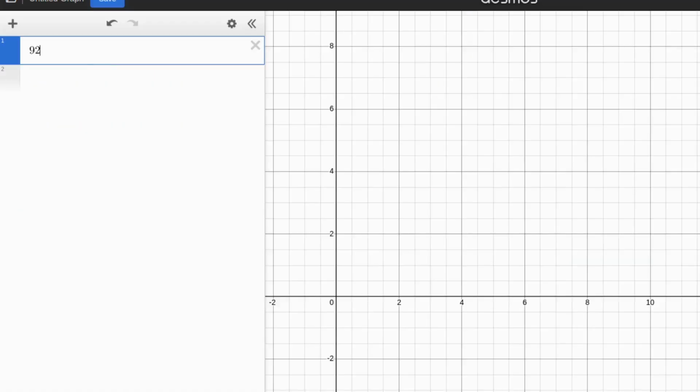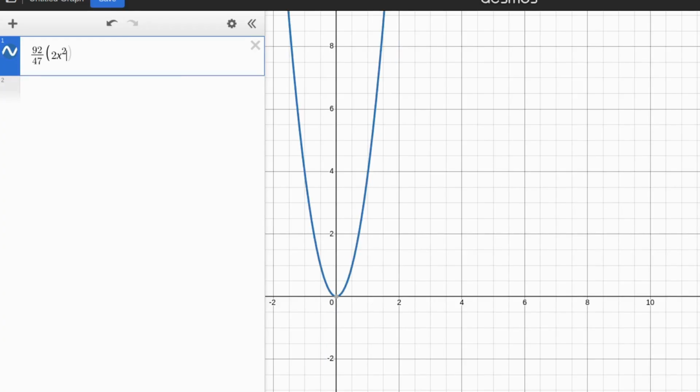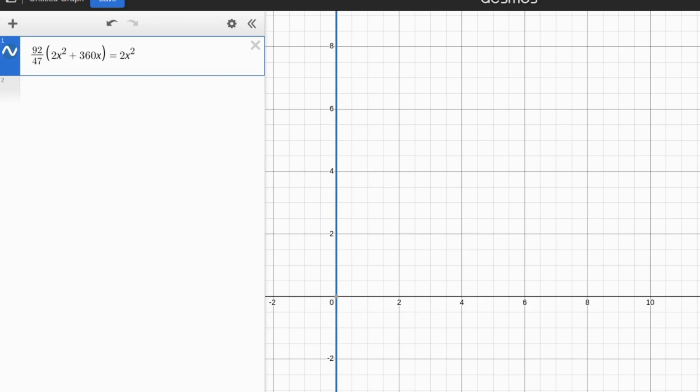So we got 92 over 47 times 2x squared, we'll use x instead of s, plus 360x equals 2x squared plus 720x. And then Desmos will just tell you what the solutions are. It's going to be 0 and 8, and then obviously in this case 8 will be our answer.